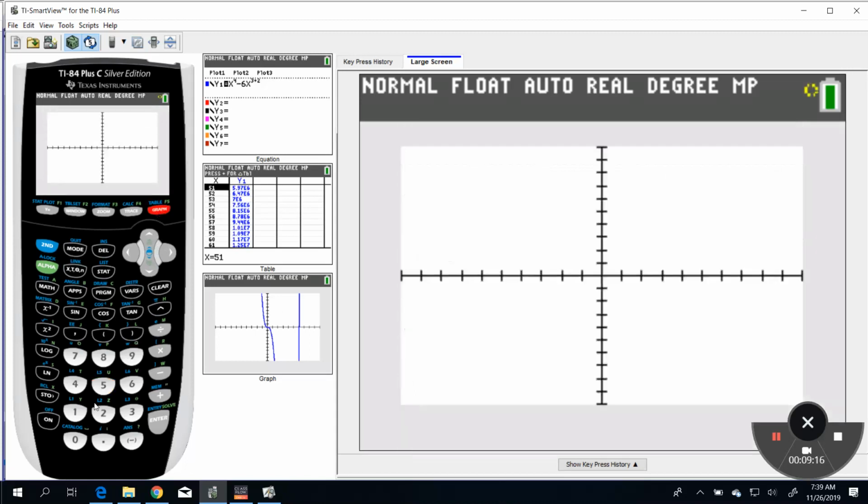Graph. And then we wait patiently for our calculator to do its thing.